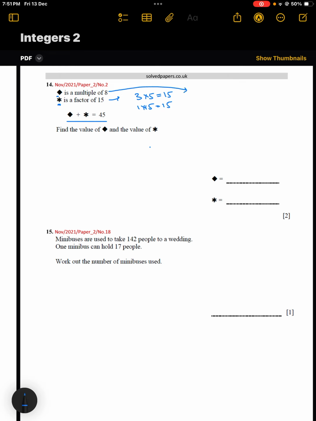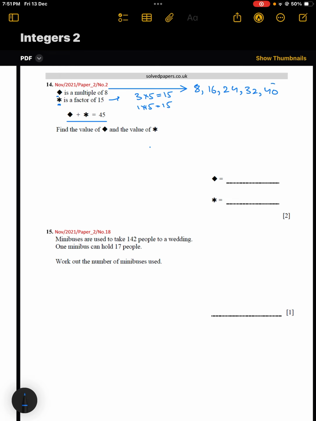Now let's think about the multiples. Multiples of 8: 8 times 1 is 8, 8 times 2 is 16, 8 times 3 is 24, 8 times 4 is 32, and 8 times 5 is 40. Now we'll try to arrange these numbers in such a pattern that I may get 45.